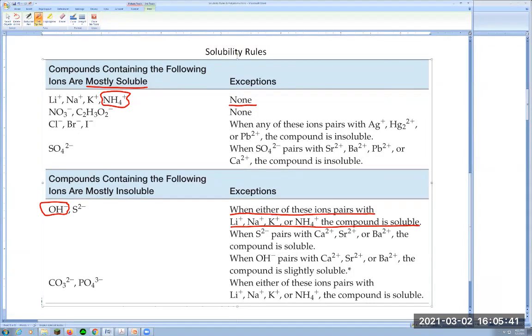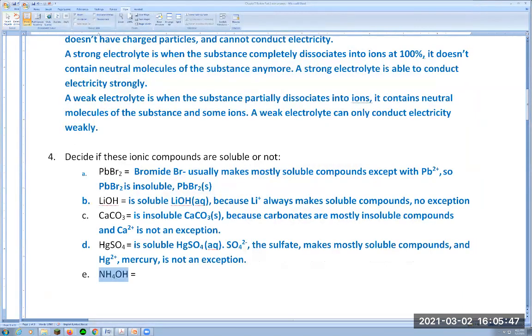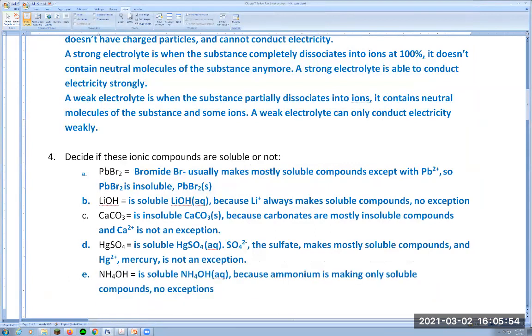So this confirms that this will be soluble with ammonium. And that's like the alkali metals that I told you earlier. Ammonium always makes soluble compounds. So here in a chemical equation, you would have ammonium hydroxide as an aqueous solution because ammonium always makes a soluble compound, no exception.